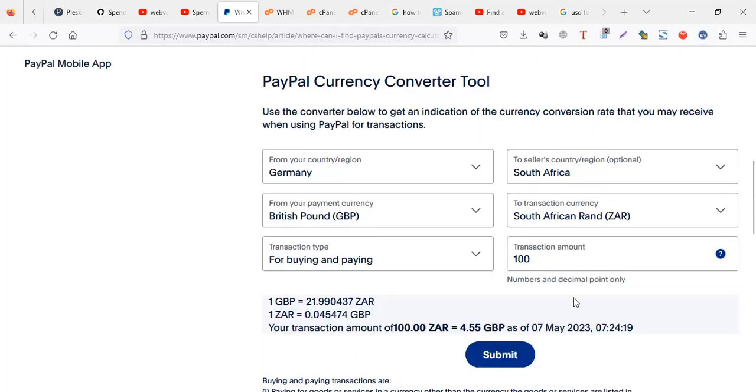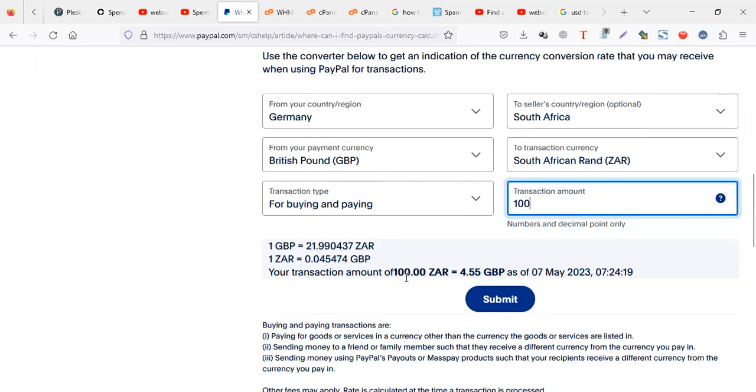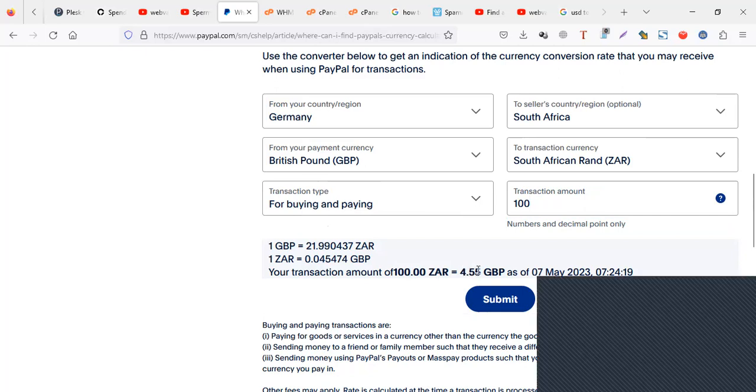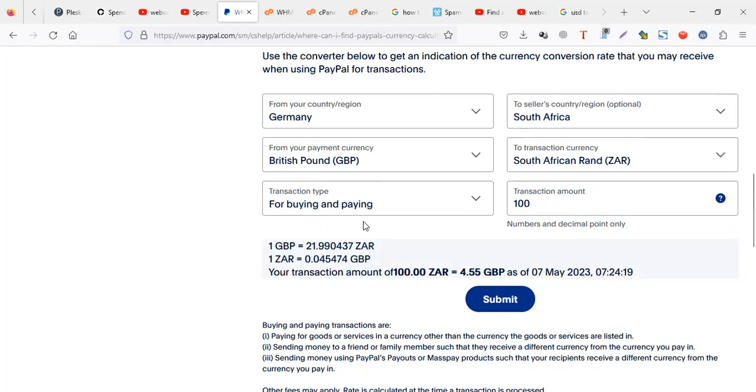For example, I'm paying something for 100 rands. When you're paying for something in British pounds, 100 rands will be something like 4.5. So to PayPal, 1 rand is equal to 0.045, or 1 British pound is equal to 21 rands.